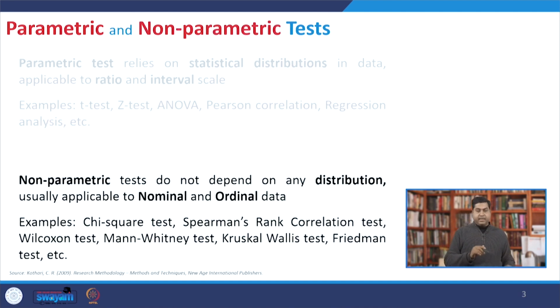Now, we started the discussion with parametric tests, and I hope that you have gone through that presentation and understood when to use it. Now, let us focus on the non-parametric test. The main advantage of non-parametric tests is that they do not depend on the distribution and are usually applicable for nominal and ordinal data.